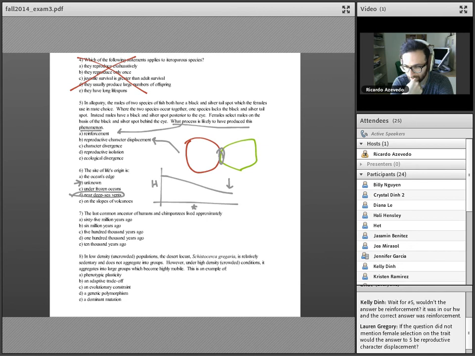Thanks to Kelly and Lauren. Lauren says, if the question did not mention female selection on the trait, would the answer to 5 be reproductive character displacement? That is a very good question, actually. Females like males on the base of the black surface behind the eye.